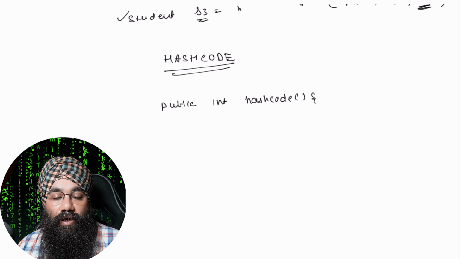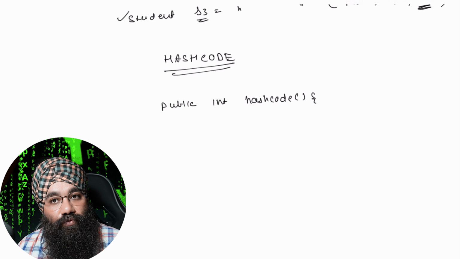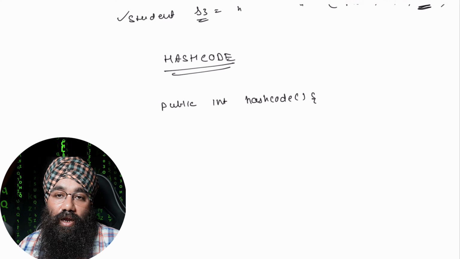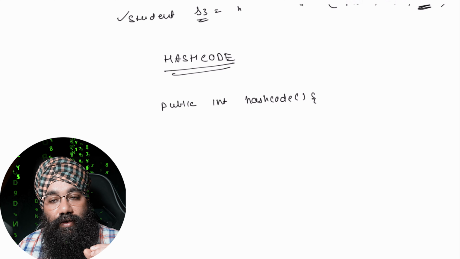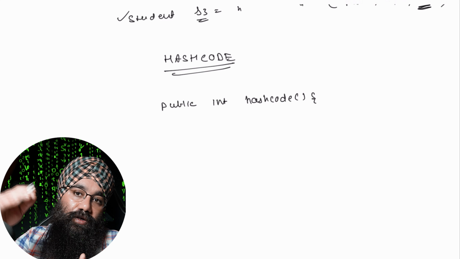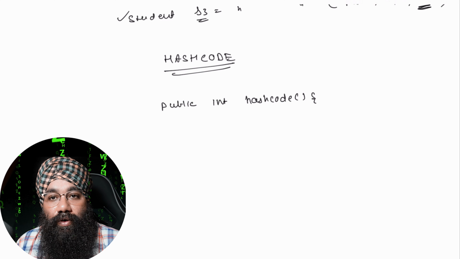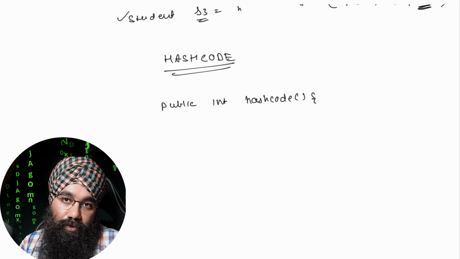When we create the Student class, although we get the inherited hashCode method from the Object class, it is not of our use because our Student class has some properties which define the significance of this class. So we should use these properties to say how different student objects should be arranged in a collection.